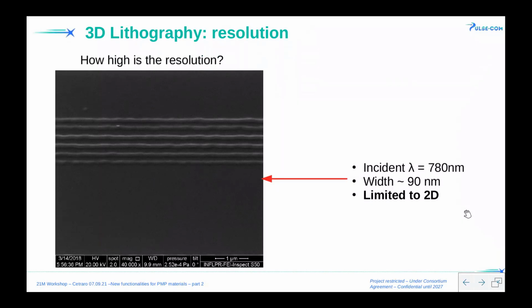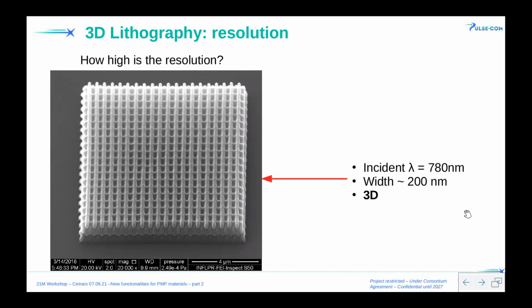I think it's low enough to call it below the diffraction limit. However, there is a trick: I focused a bit into the substrate to obtain 90 nanometers. For three-dimensional structures, all I could obtain was about 200 nanometers tops. This was the highest resolution.